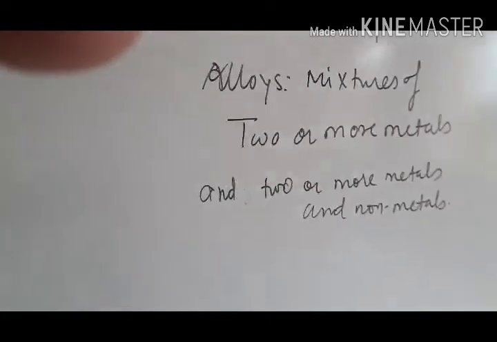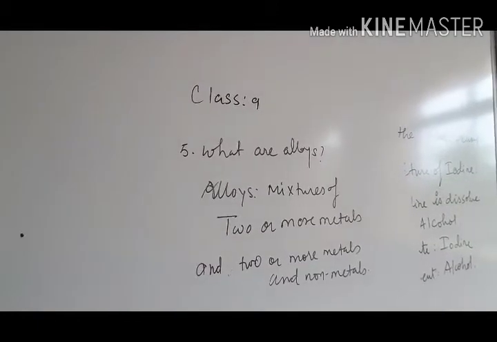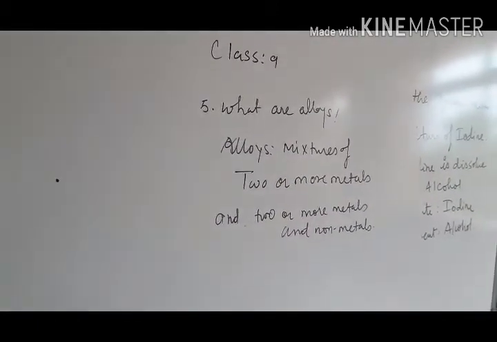So this is the particular example for alloys, that alloys are known as a mixture of two or more metals, or a mixture of two or more metals and non-metals.